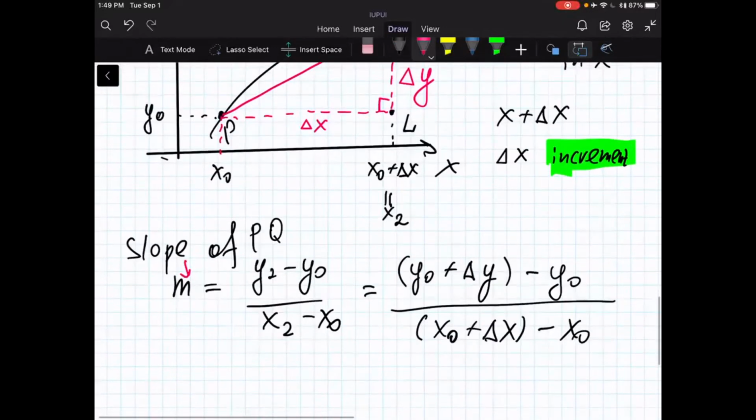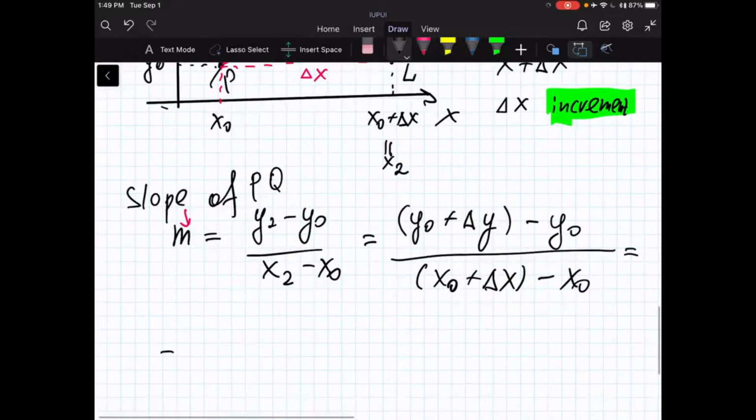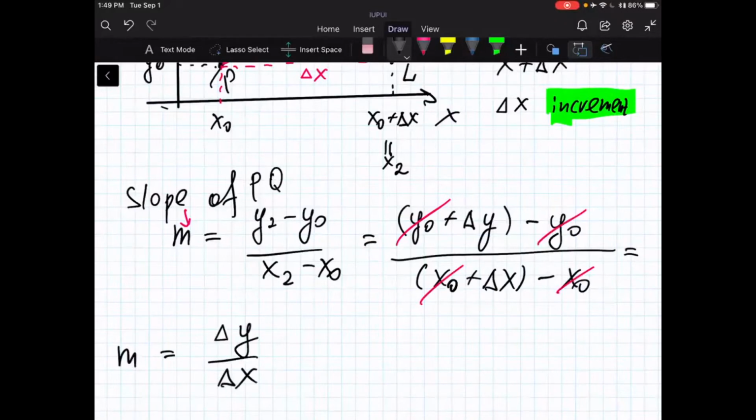And what I can see is that there are some cancellations, because if I open the parentheses, I will see that y0 is cancelled by another y0, the same for x0. And finally, I get that my m is equal to delta y divided by delta x.